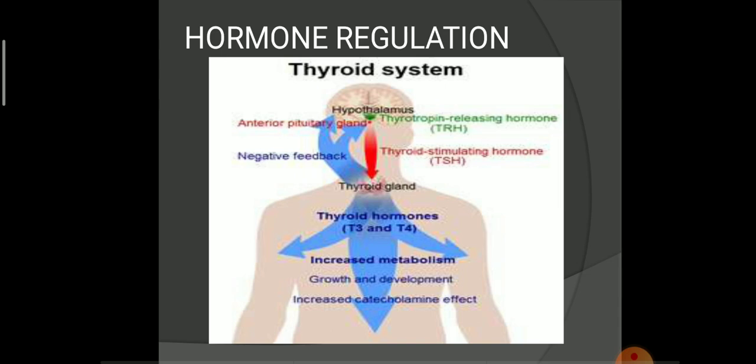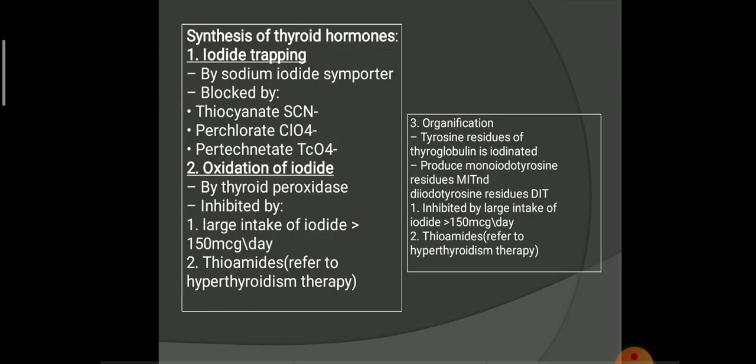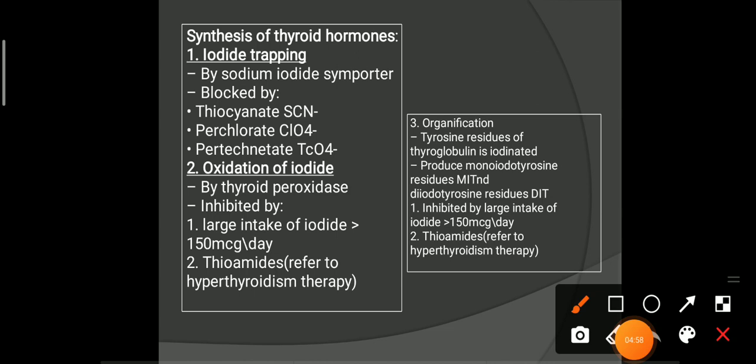Once the hypothalamus or anterior pituitary gives a signal to the thyroid gland, it is going to uptake the iodine from the small intestine. Once the signal is given, the thyroid gland takes up the iodine, which is converted into iodide.